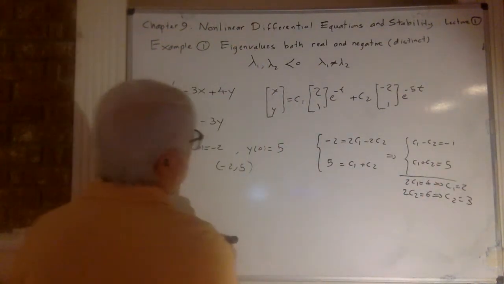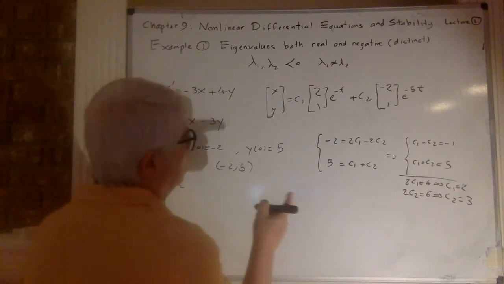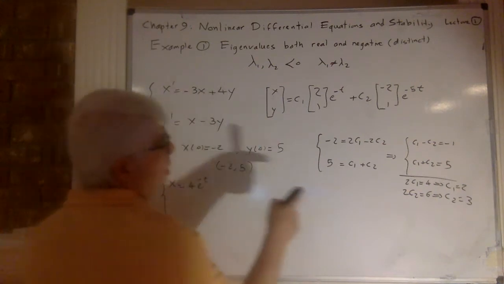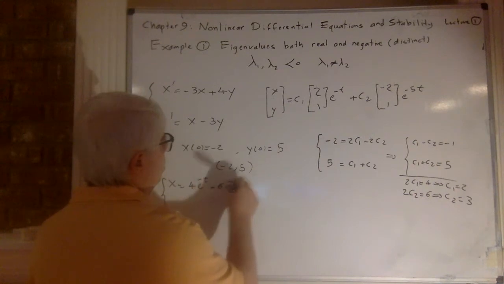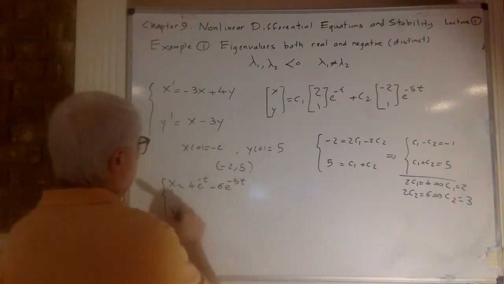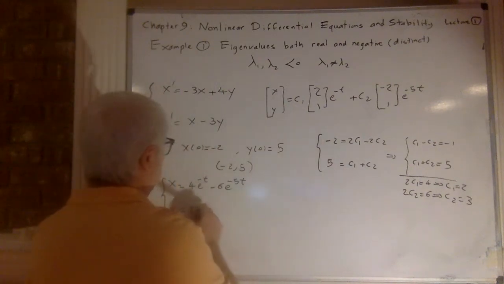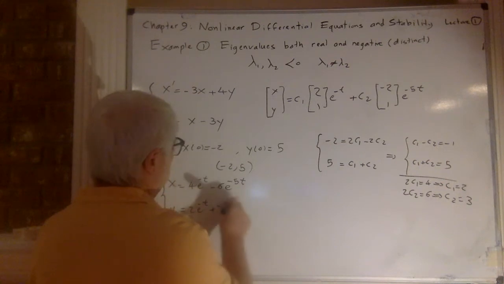So the solution is this: x is 4 e to the power minus t minus 6 e to the power minus 5t, and y is 2 e to the power minus t plus 3 e to the power minus 5t.